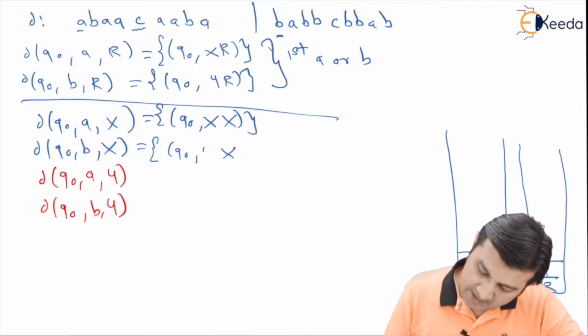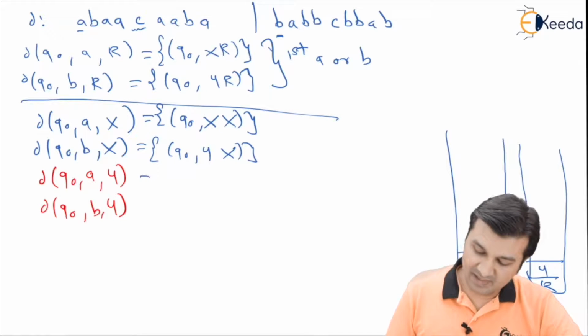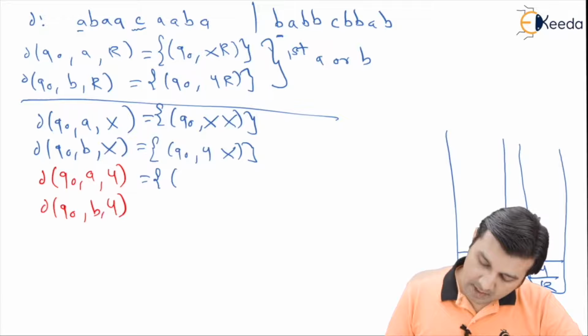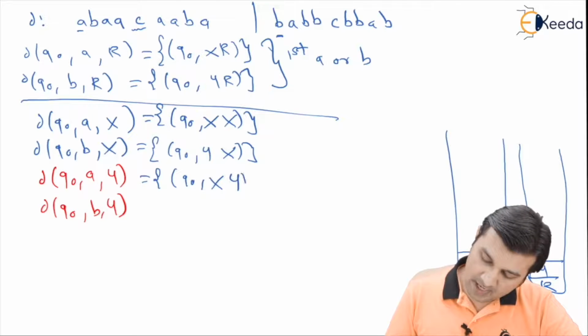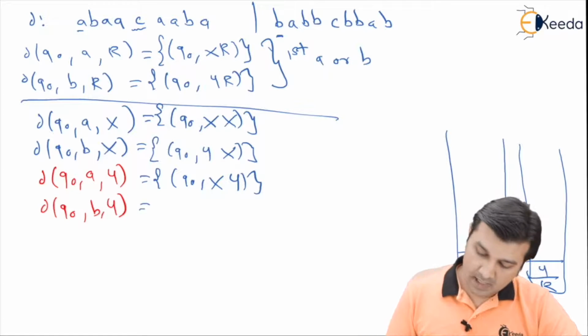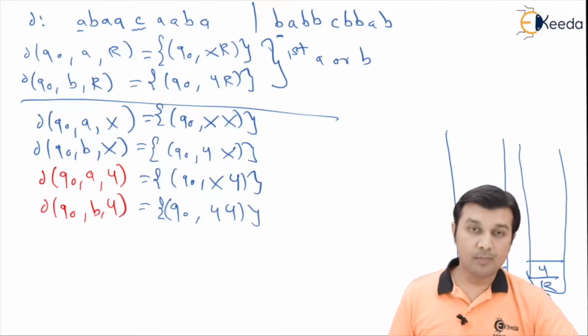Above this X, since B came, push a Y. Similarly, in the third case, I have Q0. Above this Y, I'm going to push an X because A came into picture. And in my Q0 on B, above this Y, I'm going to push another Y because B came into the picture.